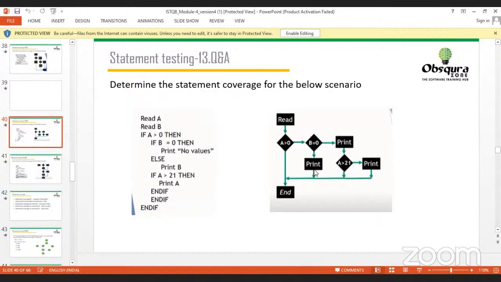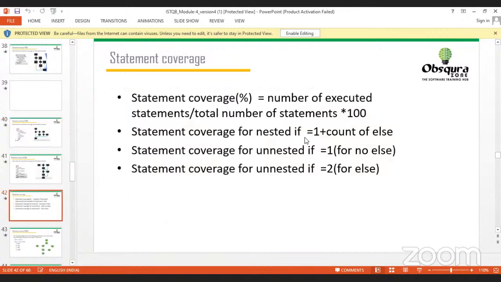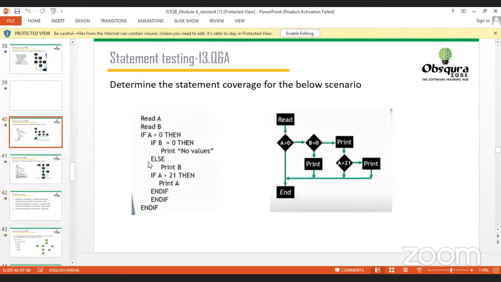Earlier we derived the answer by choosing the minimum number of paths, and the answer was 2 paths. So from the formula, for the nested if case, it is 1 plus count of else. In this algorithm there is only one else, so 1 plus 1, that is 2. Is it clear?